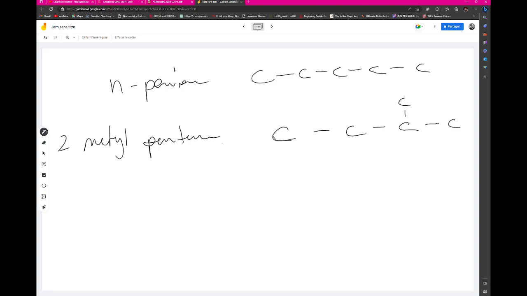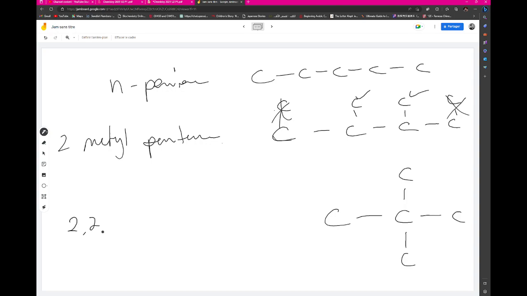It will have to be 2-methylbutane, because if you put the methyl here, you will just create a bent chain. If you put it here, just a bent chain. So it has to be here or here, so it has to be 2 either way you take it. And then we have one that probably looks like this, and this would be dimethyl, so 2,2-dimethylpropane.